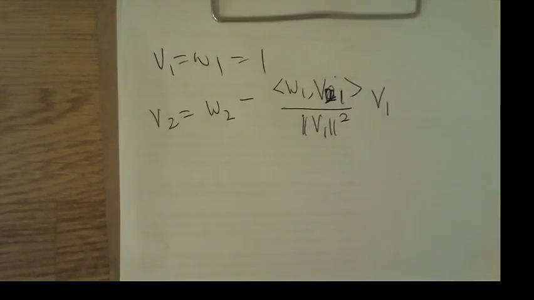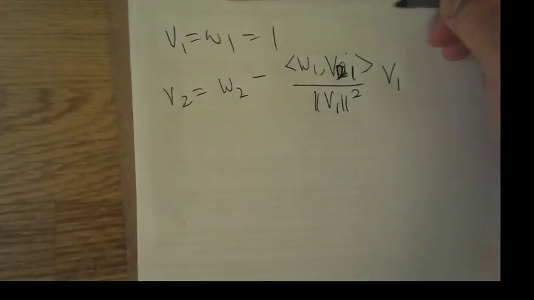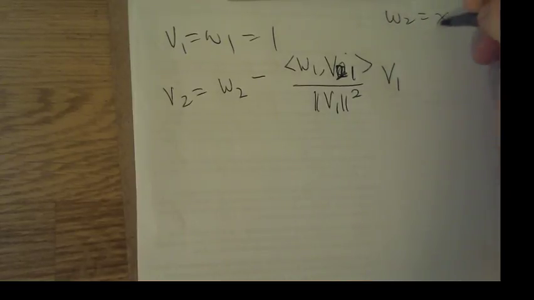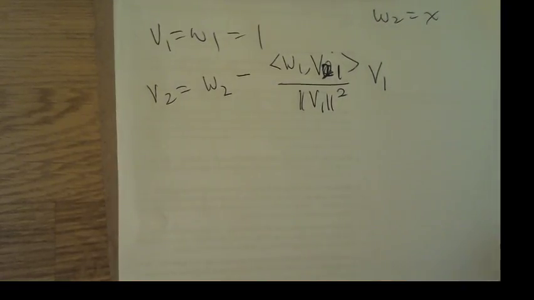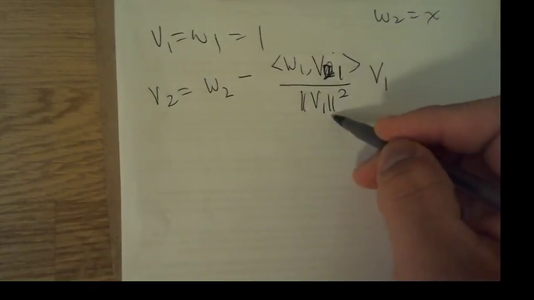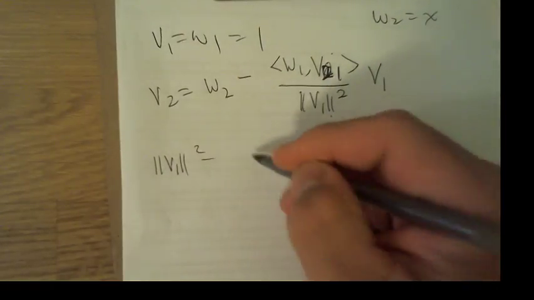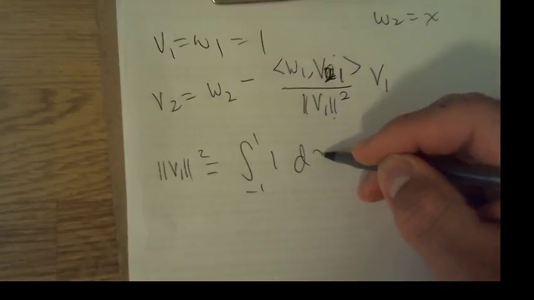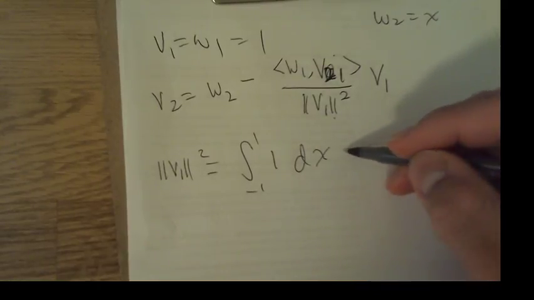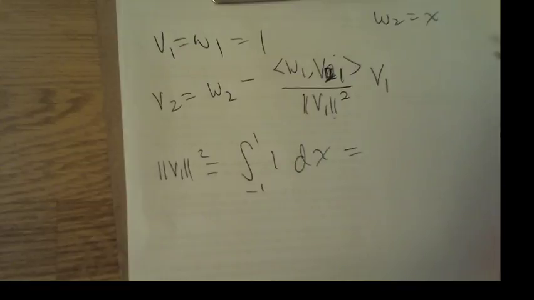Okay, so let's take a look at this, right? Where again here our W2 is the polynomial x. So in this case, let's take a look at here V1 squared, V1. Okay, so that's x. So we get 2.